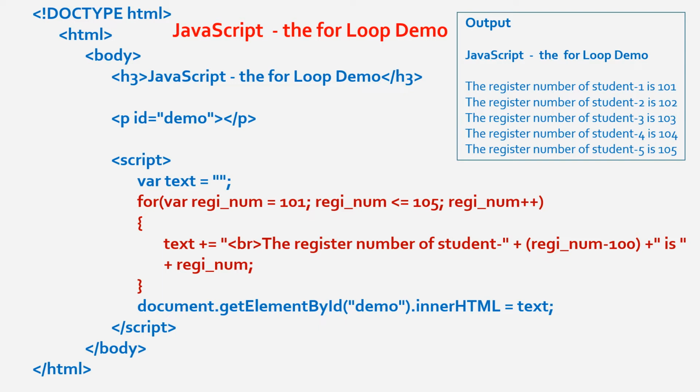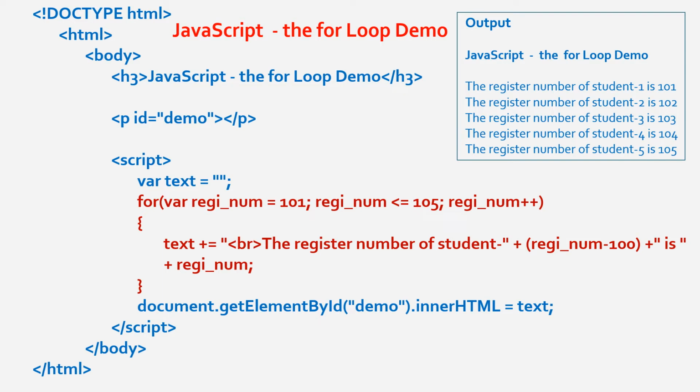Then next, the control expression, register number less than or equal to 105, you need to specify, that is when that loop should stop. Next, the third statement is increment, register number plus plus. This way you can specify the entire thing in the loop itself.